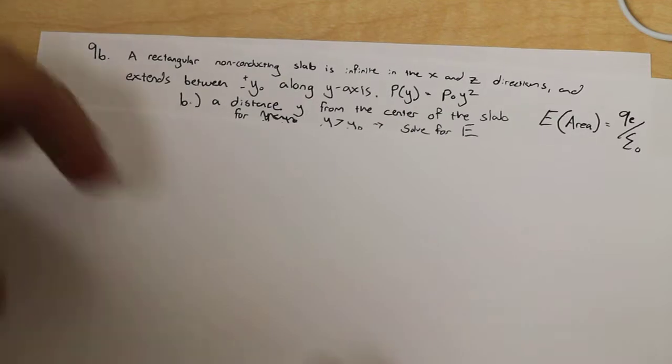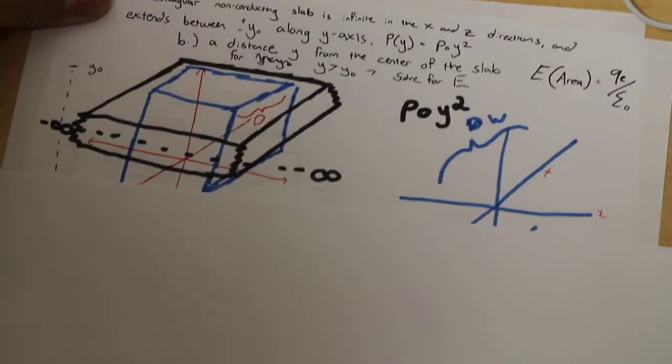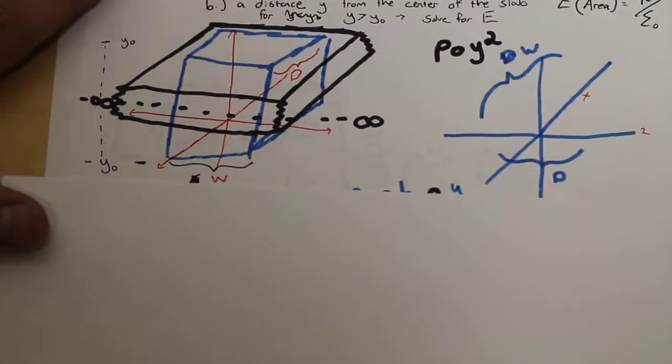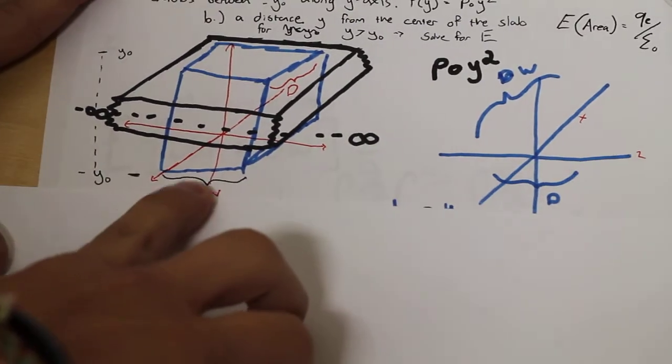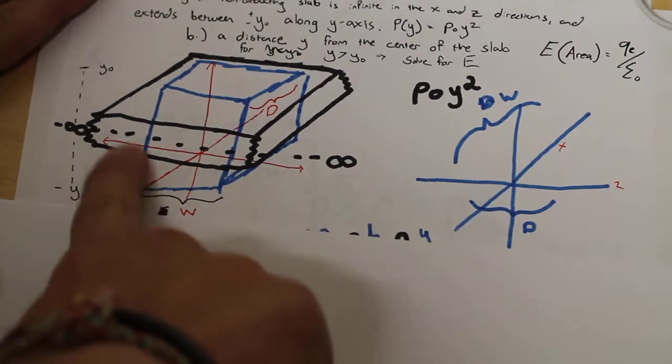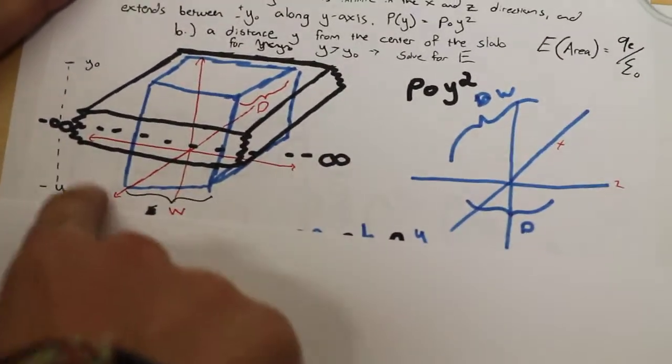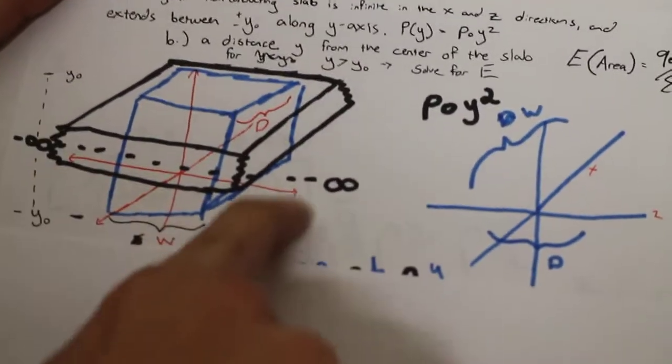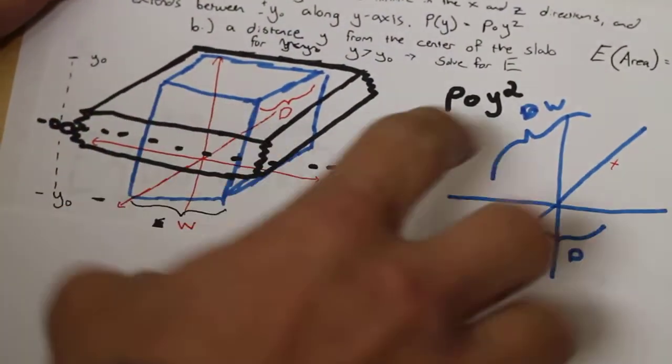So here I drew my picture of this slab and the cube from question 8. You can see the limits, negative infinity to infinity, negative y0 to y0. We have our width W, and D is going to be used as the length.